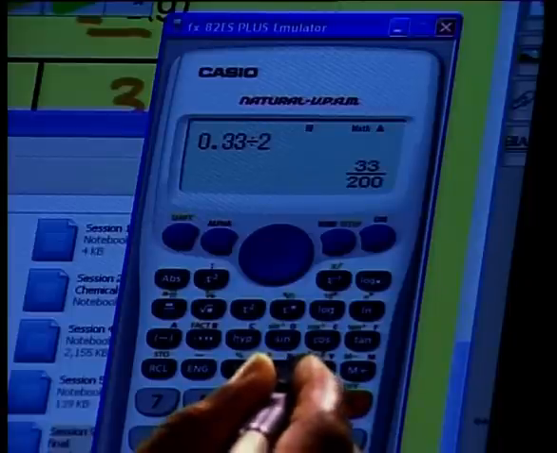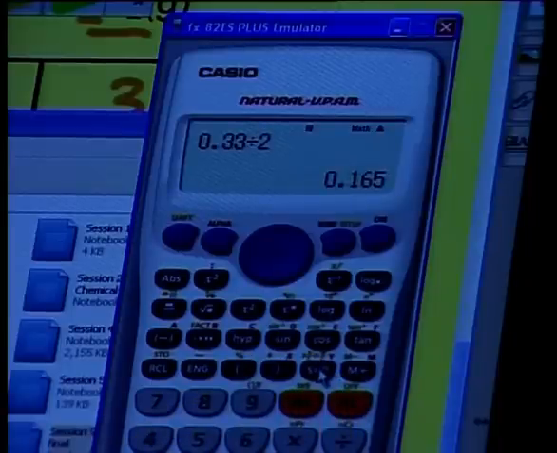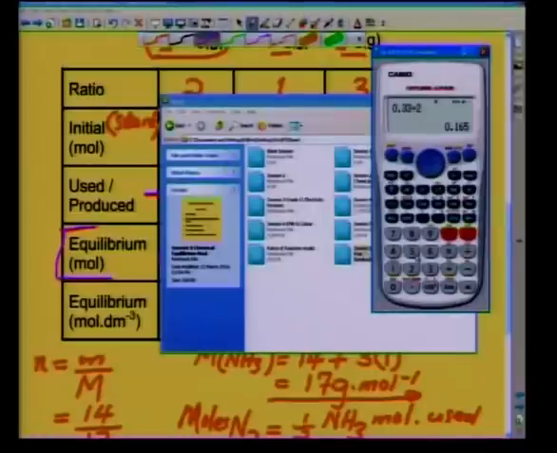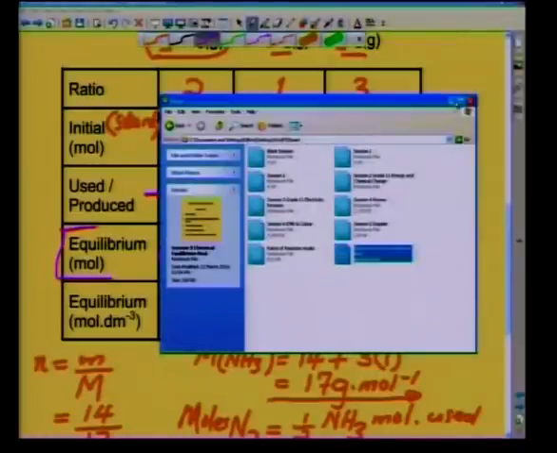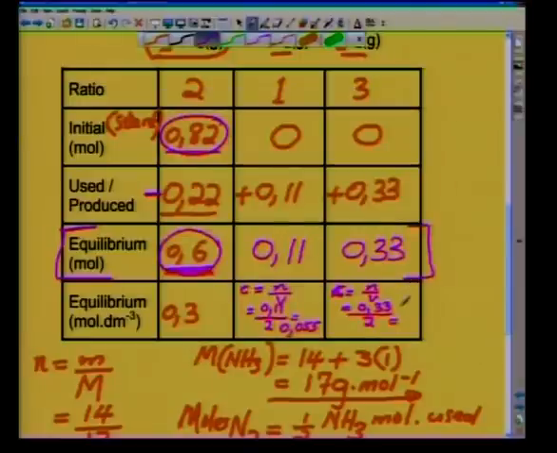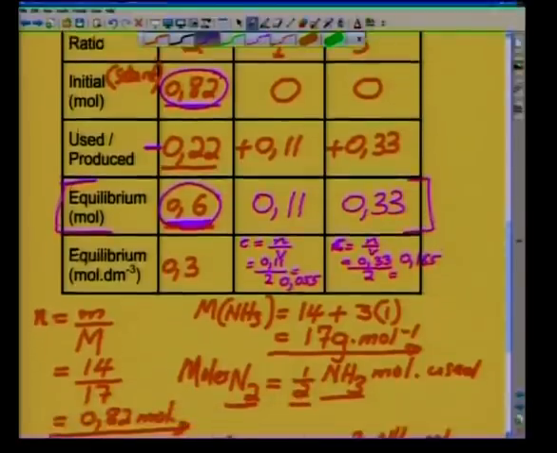We get the answer to be 0.165 mole per cubic decimeter. So we have now answered this question.